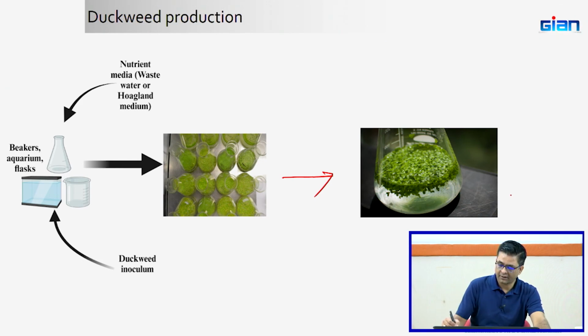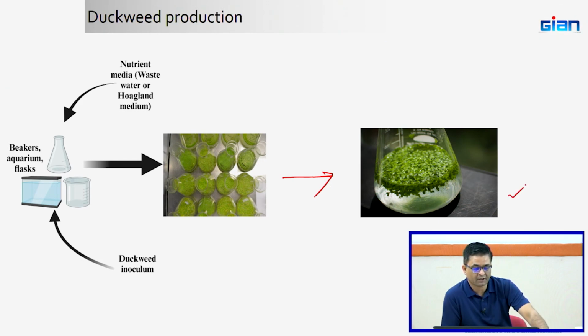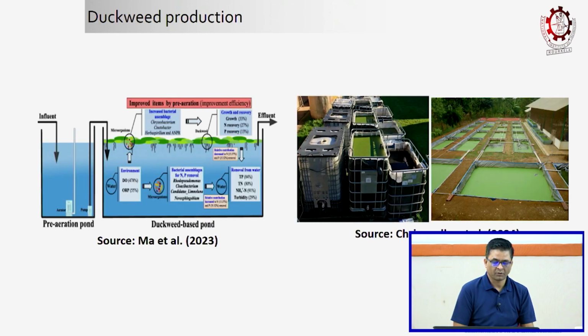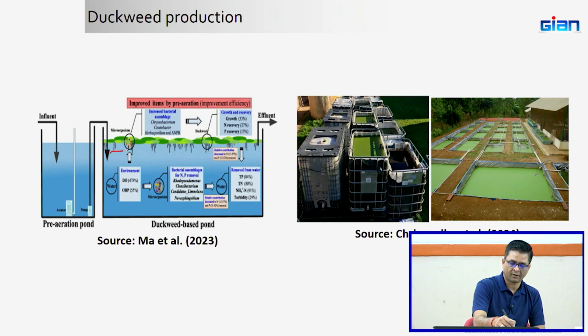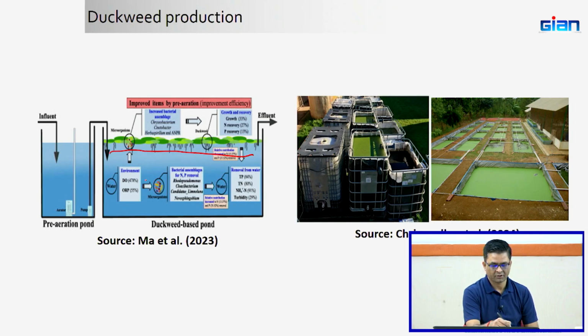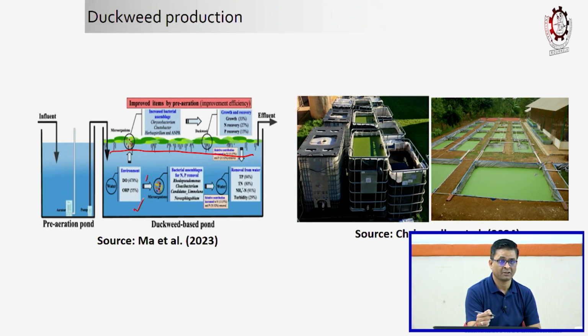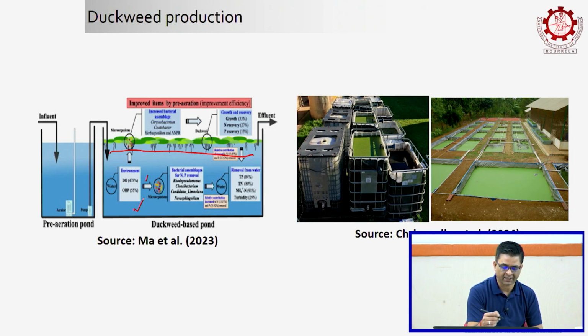So that's simple duckweed, how it starts in lab production. Now these are some of the more complicated or advanced ways of growing duckweed. As you can see, this is the top portion of a duckweed tank. You have dissolved oxygen, oxygen reduction potential, and all these measurements are carried out.